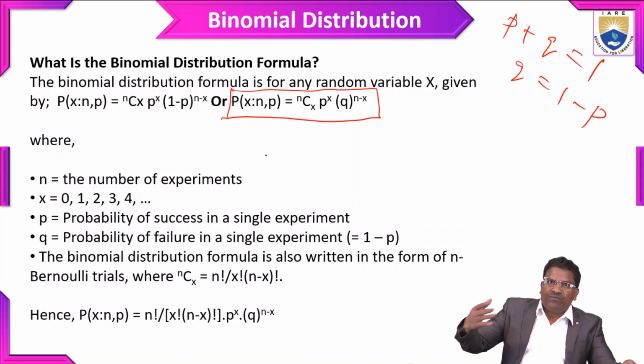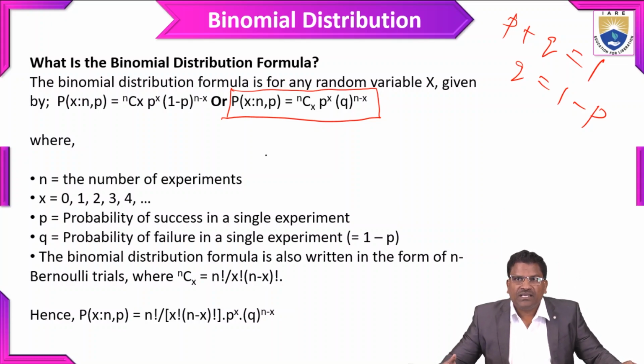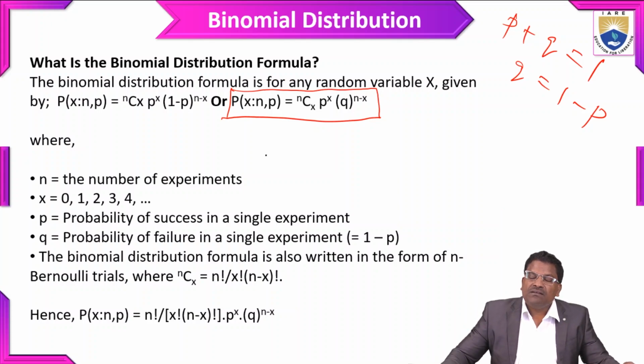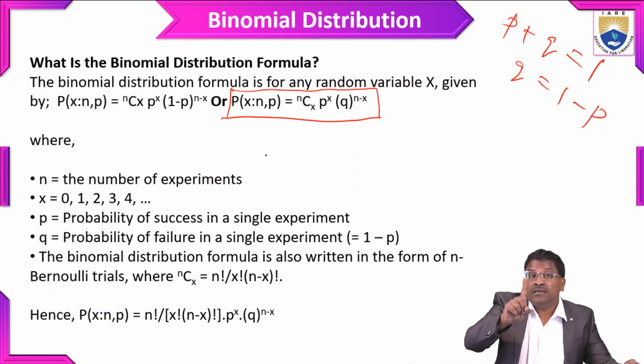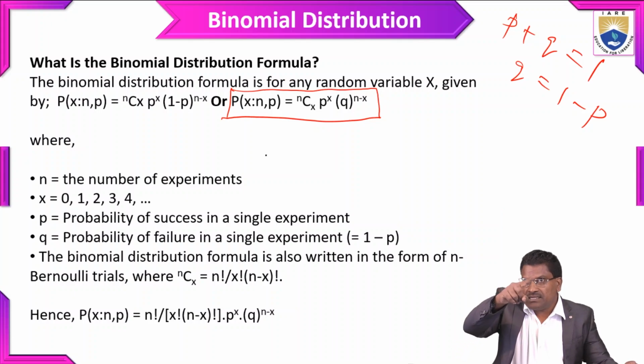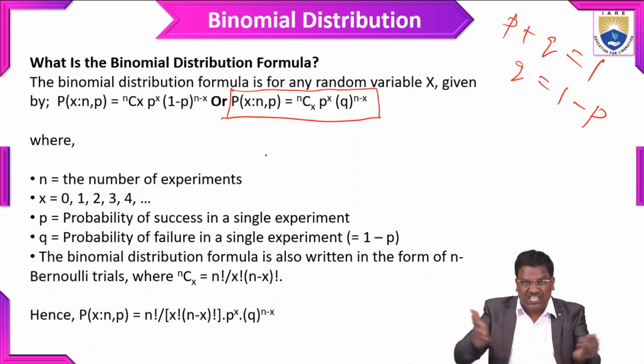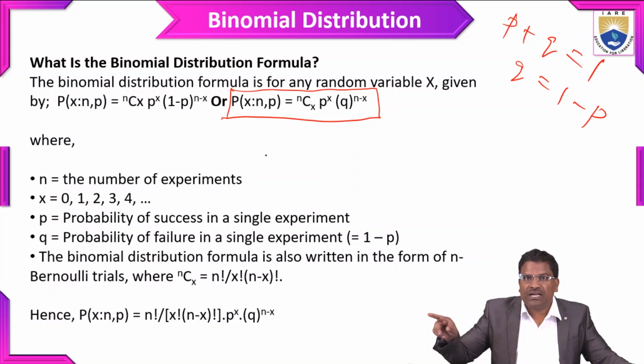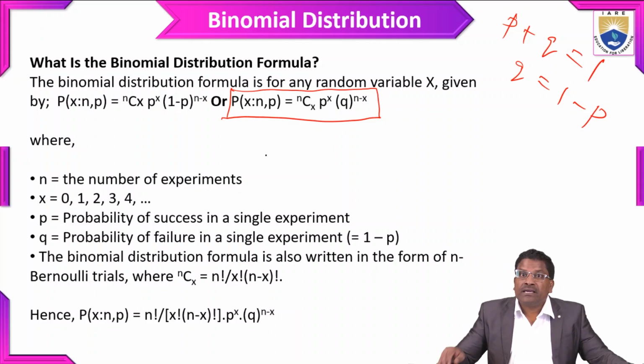The binomial distribution formula is also written in the form of n Bernoulli trials, where the number of trials is equal to 1, n is equal to 1. Then the above formula will be abridged to nCx is equal to n factorial by x factorial into n minus x factorial. This combination formula came from our basic binomial distribution formula.